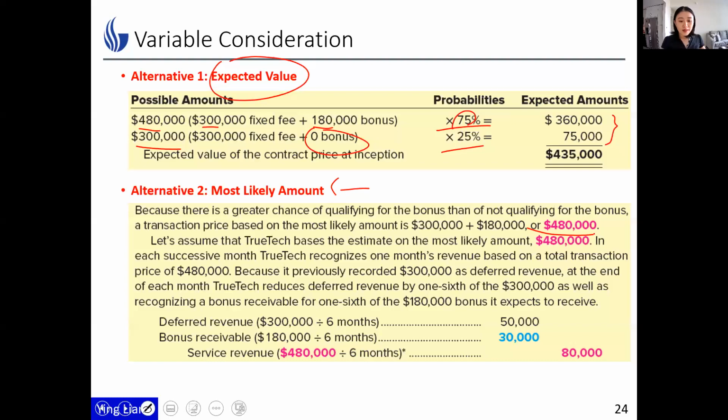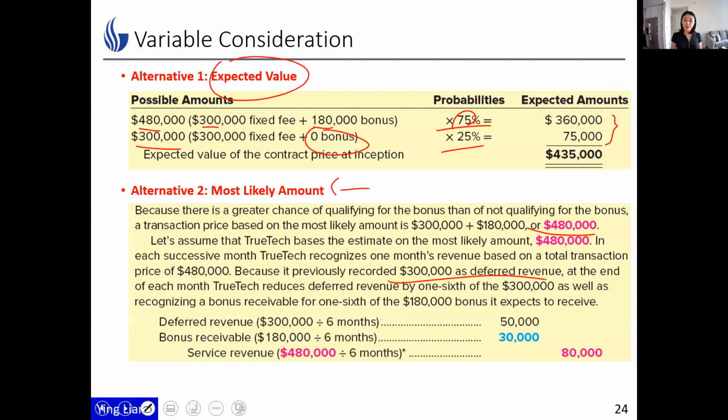Let's assume that TrueTech bases its estimate on the most likely amount. In each successive month, TrueTech will recognize 1 month of revenue based on a total transaction of 480. Because it previously recorded $300,000 as deferred revenue, at the end of each month TrueTech will reduce the deferred revenue by 1/6 of the 300.